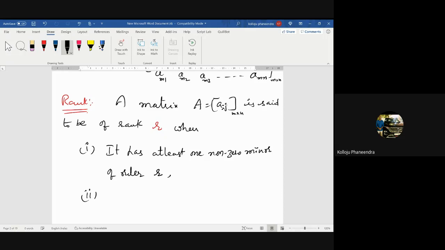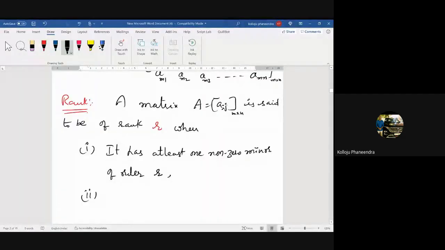This means, in the matrix of order m by n, you select any R by R submatrix determinant, then its determinant must be non-zero. That is the first condition for the matrix to have rank R.